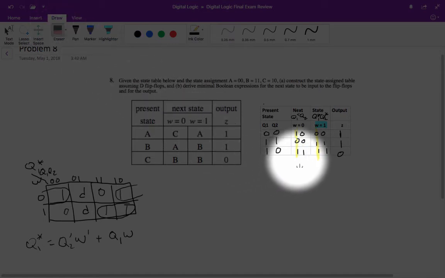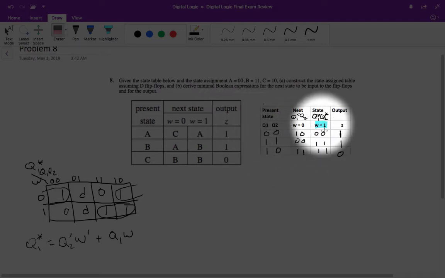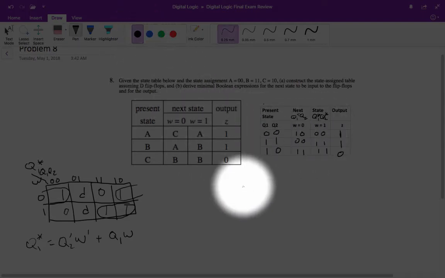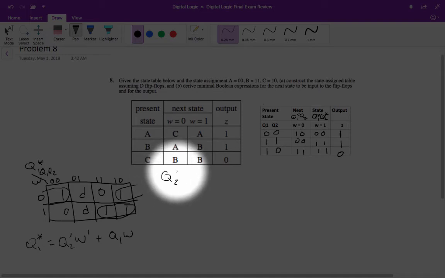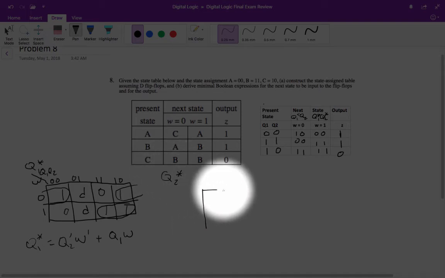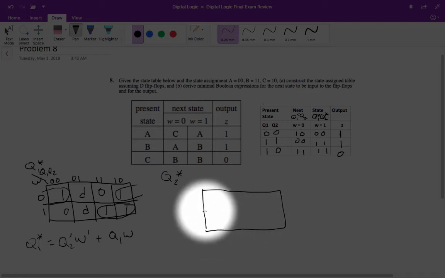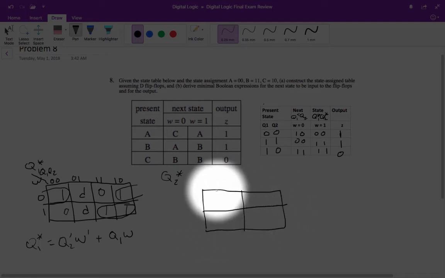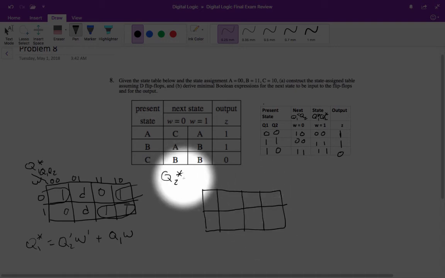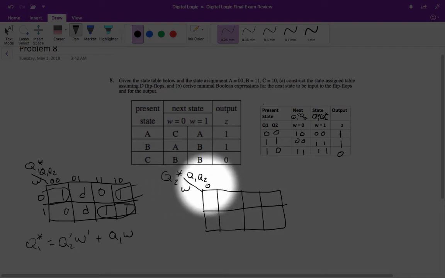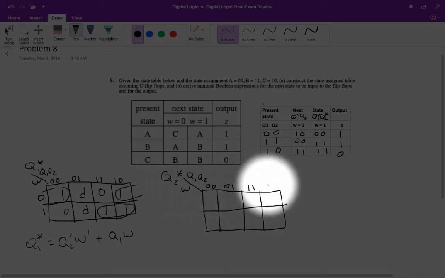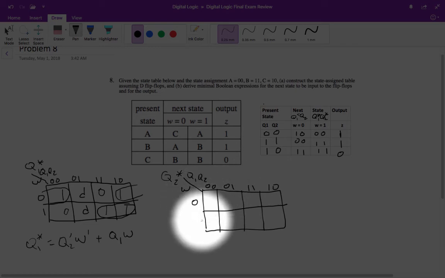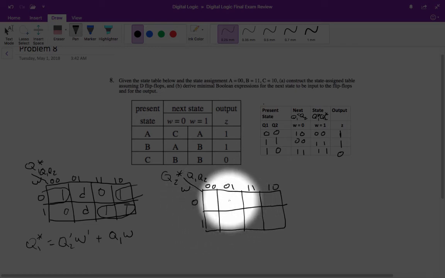Okay, so now it's time to get Q2 star. Q2 star also depends on Q1, Q2, and W. And like before, we don't have a state assigned to 0 1, so that'll be a don't care.